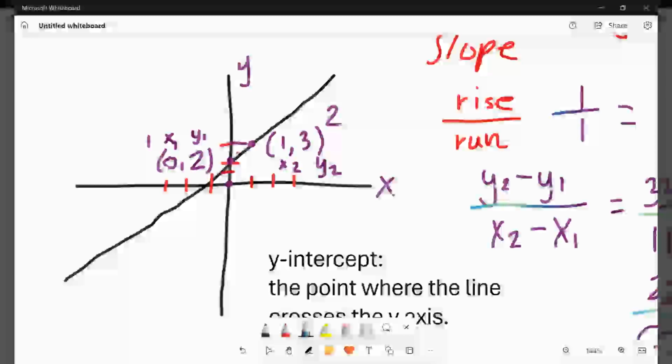So as we can see in this line, we cross the y-axis right at the point we were looking at before, at 0, 2. So our y-intercept in this case was actually this point itself, 0, 2. So our y-intercept is 2, or 0, 2, if you want to write the whole coordinate point.